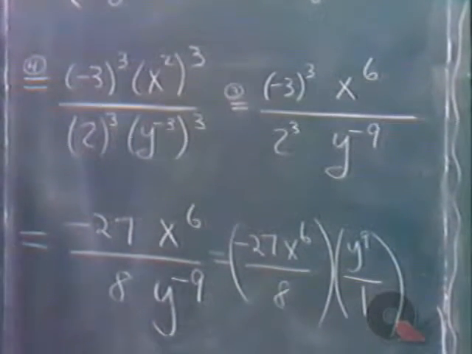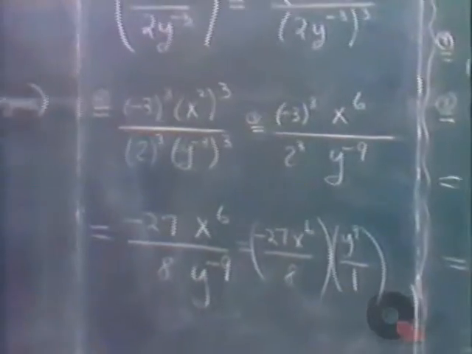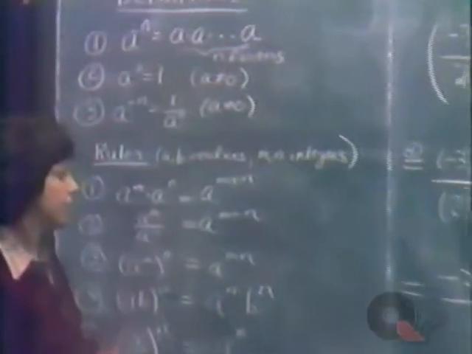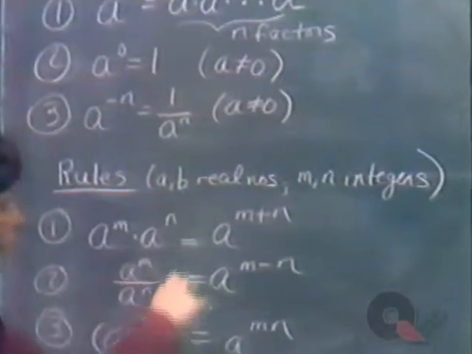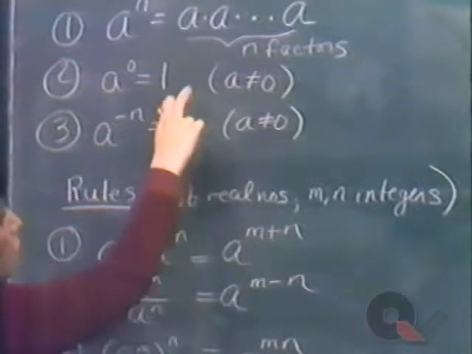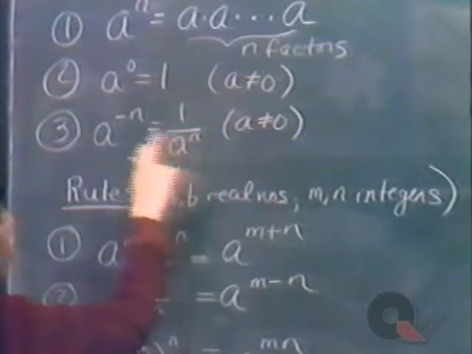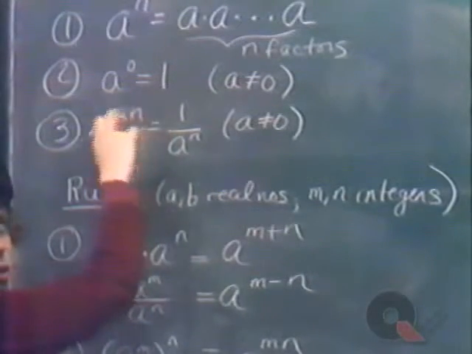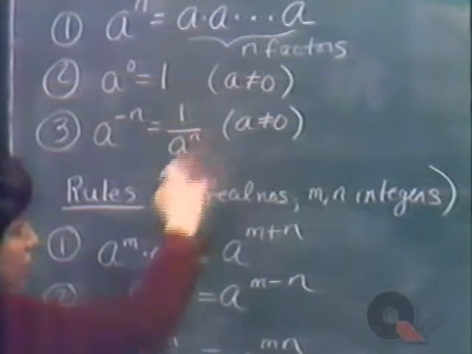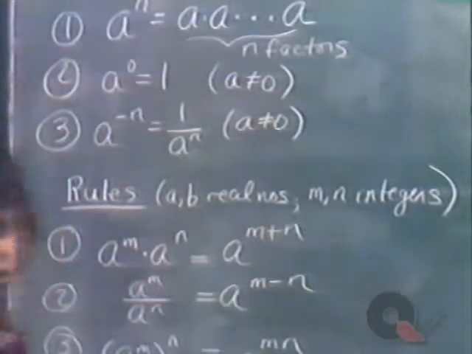That was using definition 3 that I mentioned before. In this example, if n is -9, 1 over y^-9 would be y^9. The negative power downstairs became a positive power upstairs.